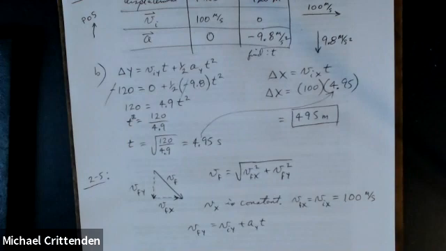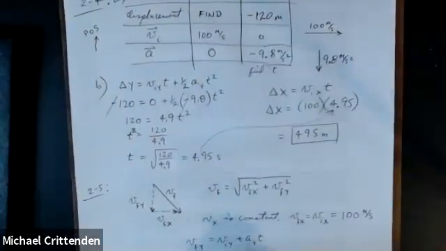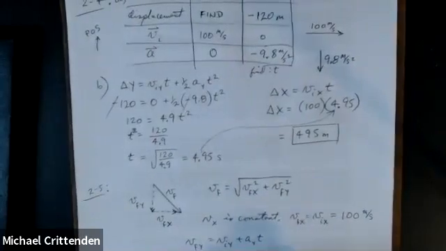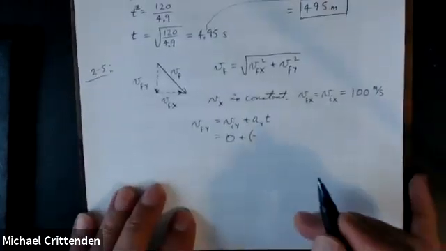Filling in the numbers in the y direction. V initial is 0. Acceleration, 9.8 downward. I'm kind of off the bottom of the screen, aren't I?